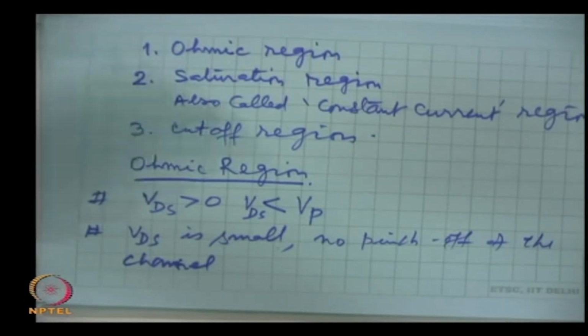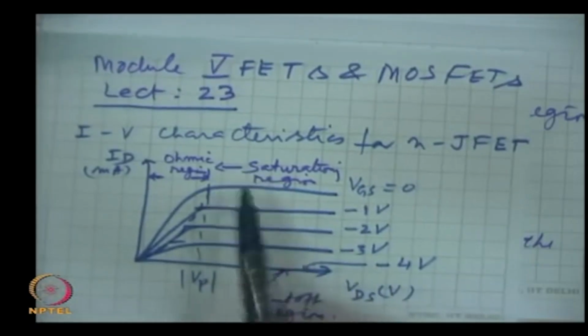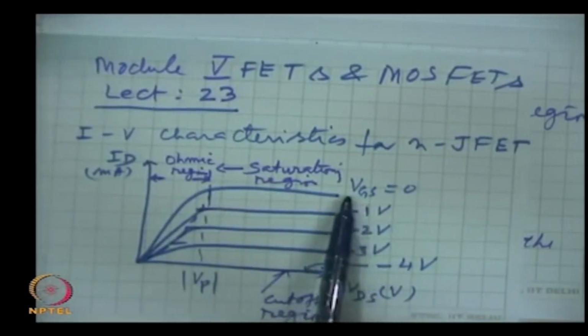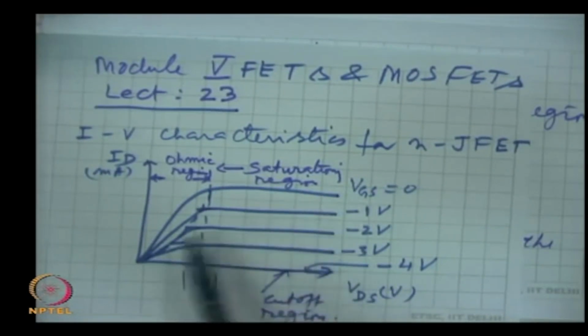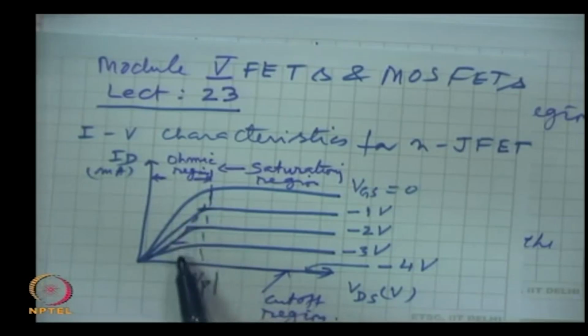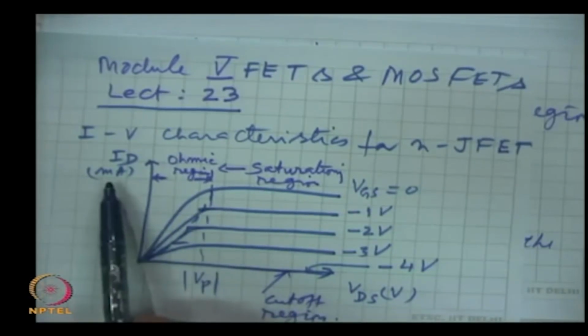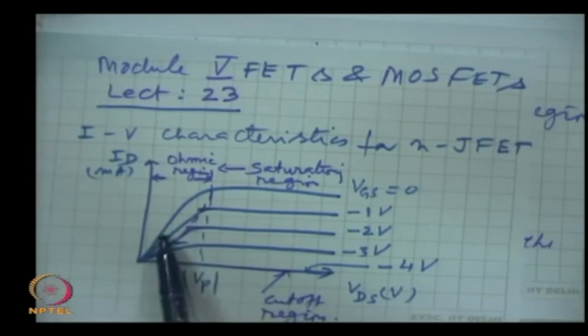Now, when we increase the gate source voltage, then the resistance increases, the slope changes. You see, the slope is changing; this is voltage, this is current. The inverse of the slope gives the resistance.